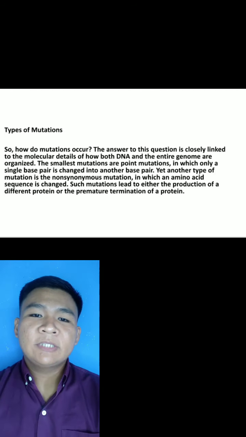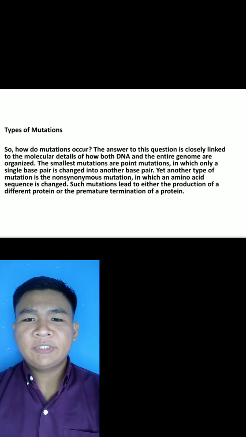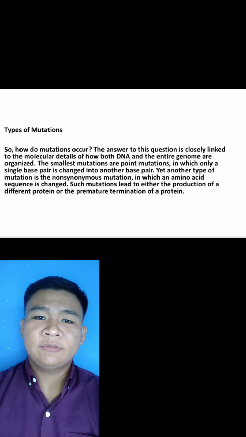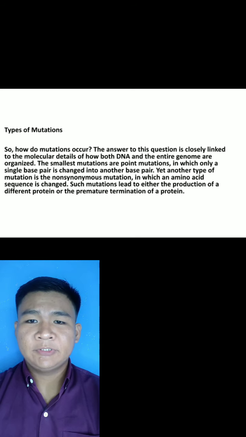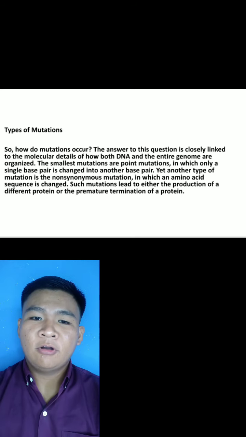And for types of mutations, how do mutations occur? The answer to this question is closely linked to the molecular details of how both DNA and the entire genome are organized.